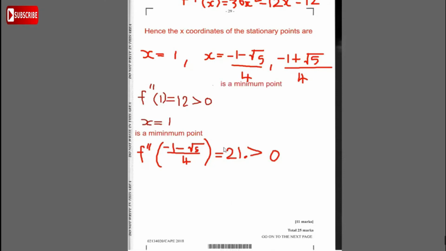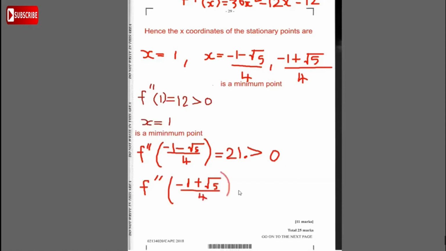And finally, going down here now, we have f double prime of minus 1 plus root 5 over 4.